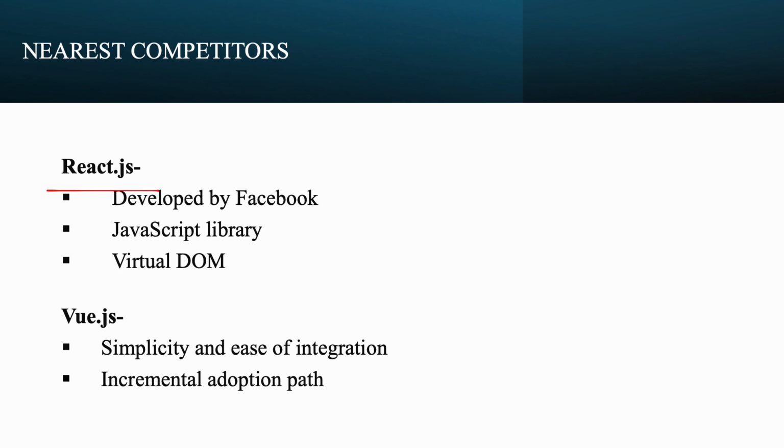Its vast ecosystem positions it as a compelling alternative to Angular. On the other hand, Vue.js stands out for its simplicity and its seamless integration with reactive data binding and a component-based approach similar to Angular. Vue.js also offers an incremental adoption path and can be used for projects of all sizes.